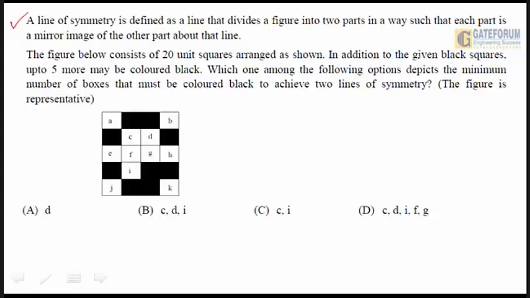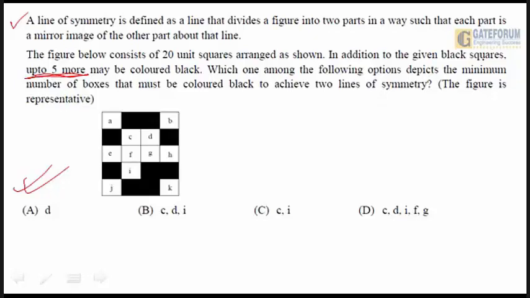In addition to the given black squares, up to 5 more may be colored black, not more than that. Which one among the following options depicts the minimum number of boxes that must be colored black to achieve two lines of symmetry?